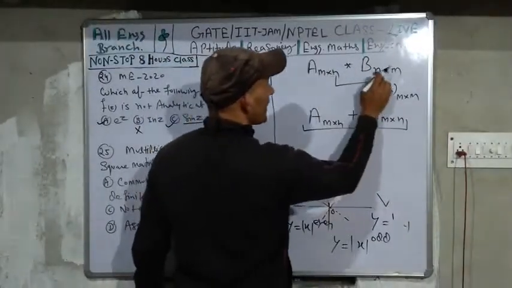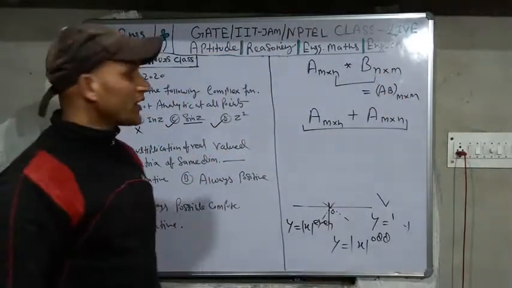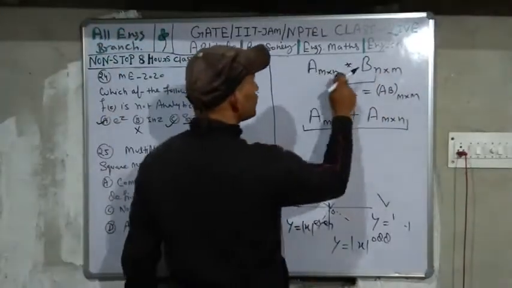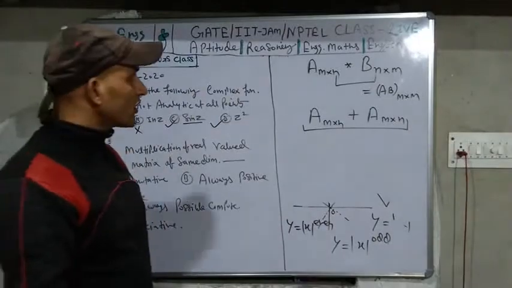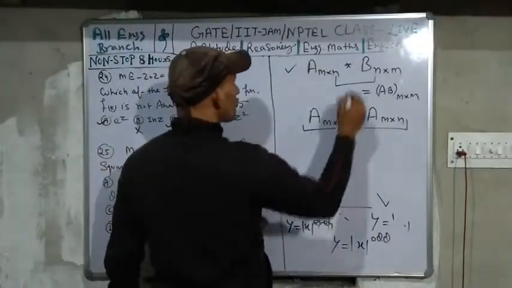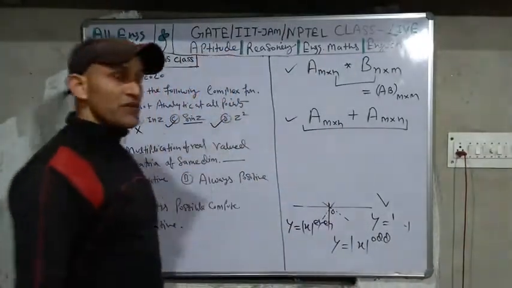This is m into n and this is n into m. If you have a square matrix n into n, then there is no problem. So you have to remember how to multiply and how to add two matrices.